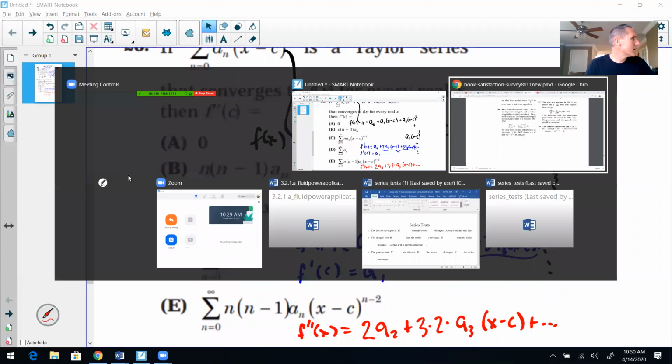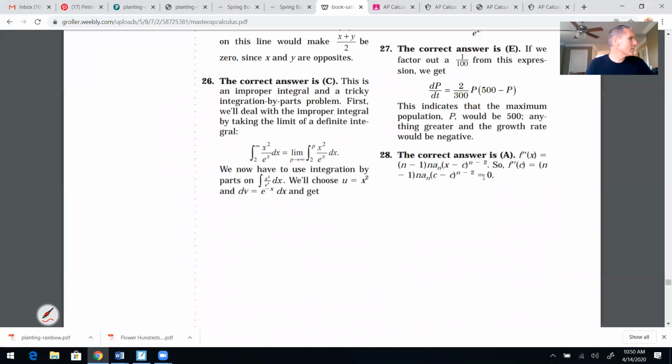Did they have it as a second derivative there? Yeah, I don't like what they have going on here. Anyone else want to chime in on what they have here?